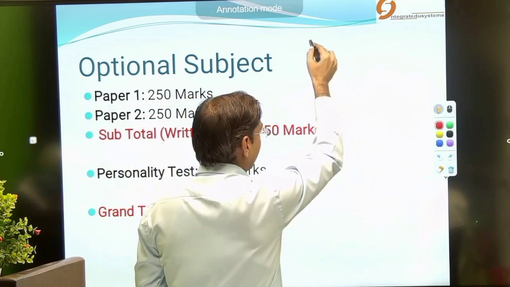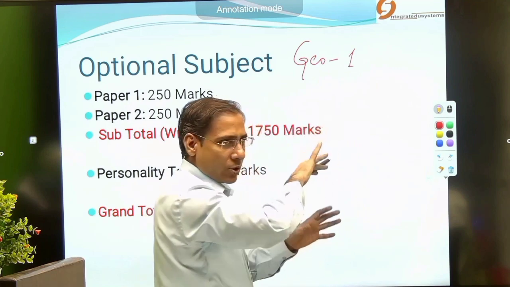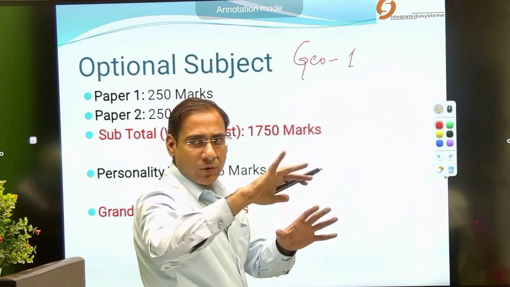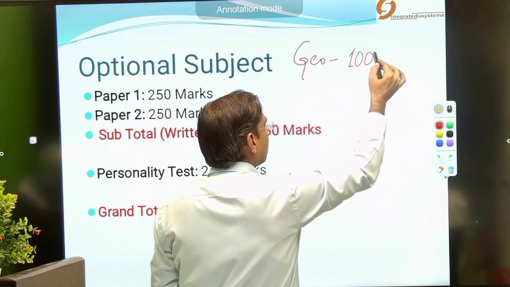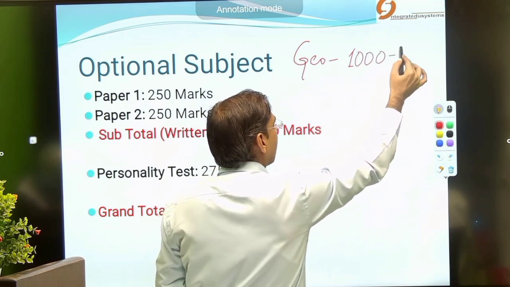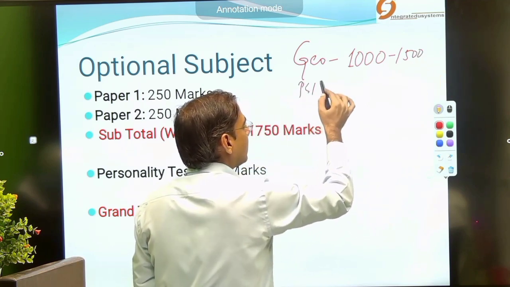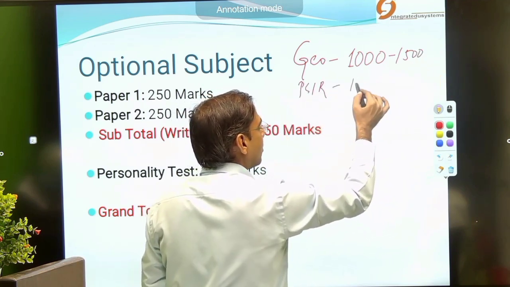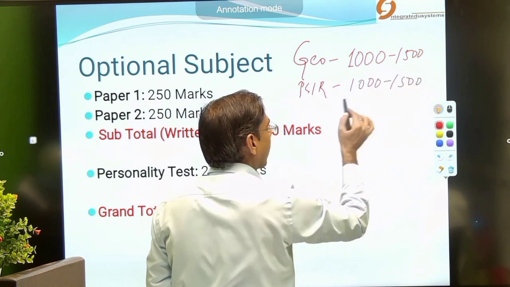So what I have found from geography in the recent past, when you look at the 2018, 19, 20, 21 mains, is that always more than 1000 candidates are appearing from geography. From PSIR, the statistics is between this.